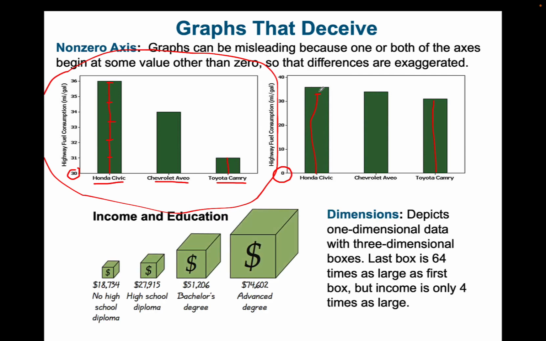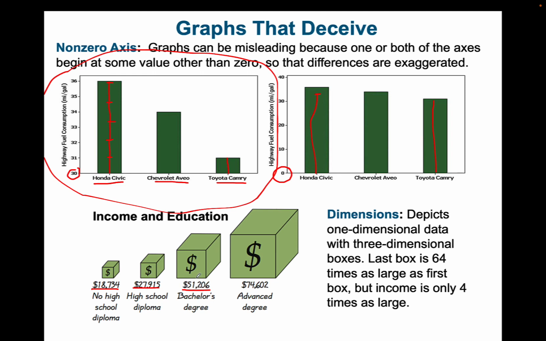Same thing happens with 2-dimensional and 3-dimensional shapes. For example, here, when we're talking dollars, that's linear data, okay? This is income and education. Bachelor's degree, you get 51,206.